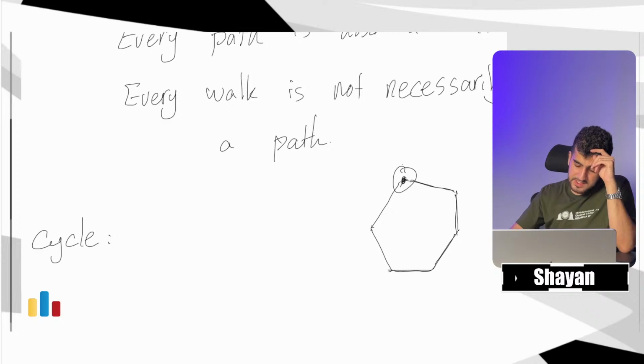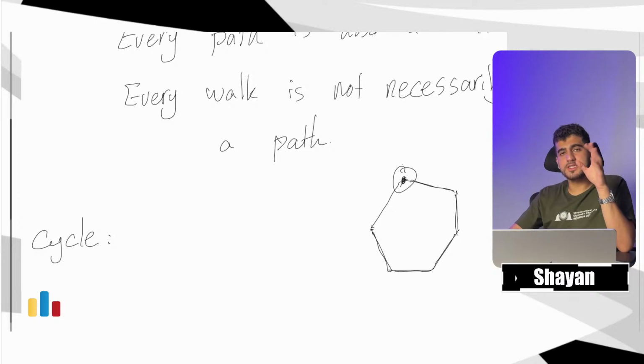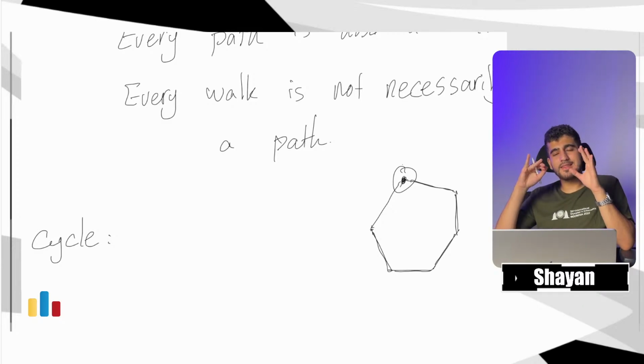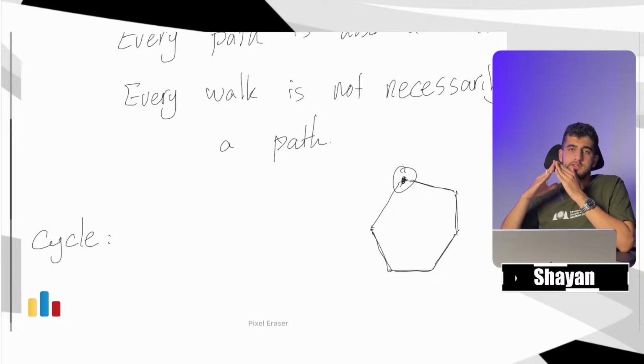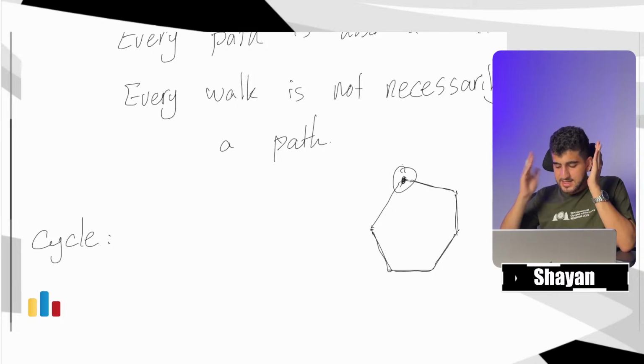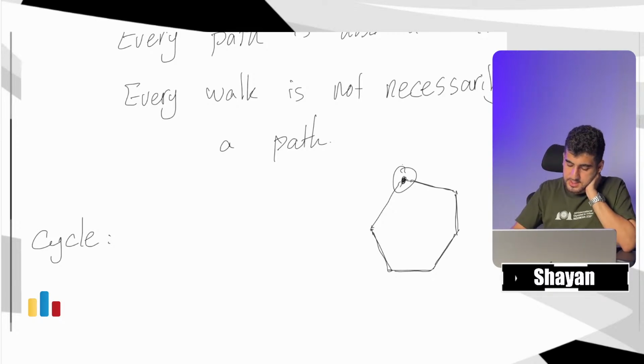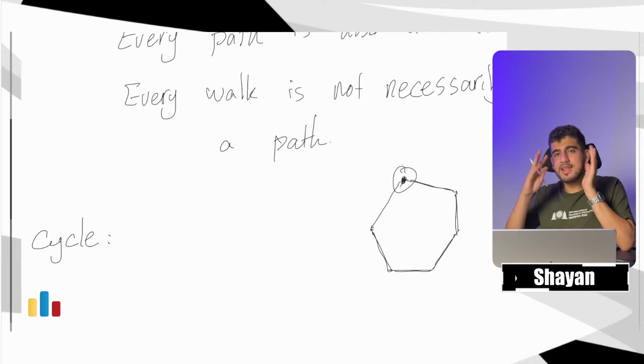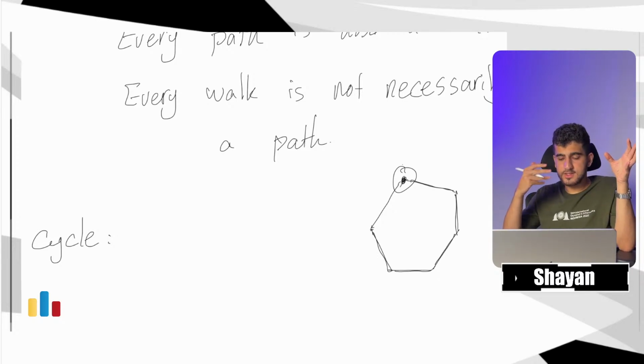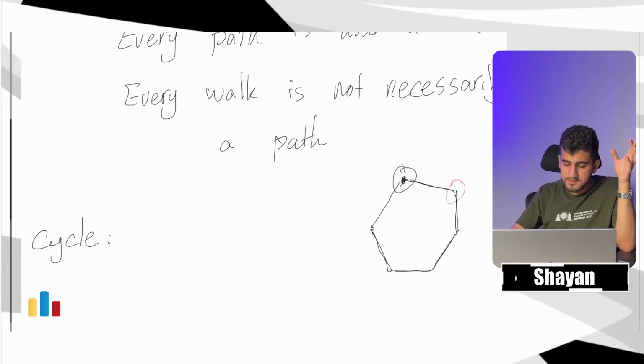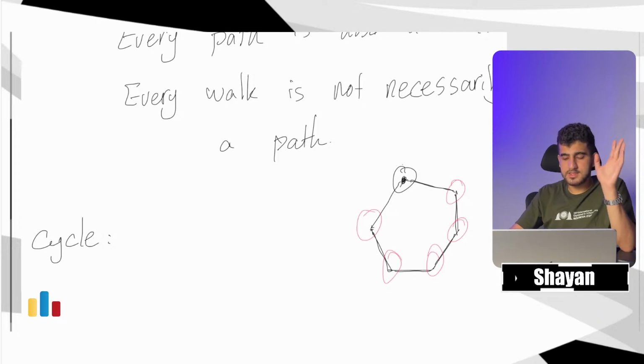We will visit each vertex and each edge only once. The only thing is that at the end we will come back to where we were. Still, we cannot visit the same vertex twice. Only the last vertex is the same as the first vertex, but in the middle of it we cannot visit any of these vertices more than once. Only once, and this vertex itself cannot be visited as well.